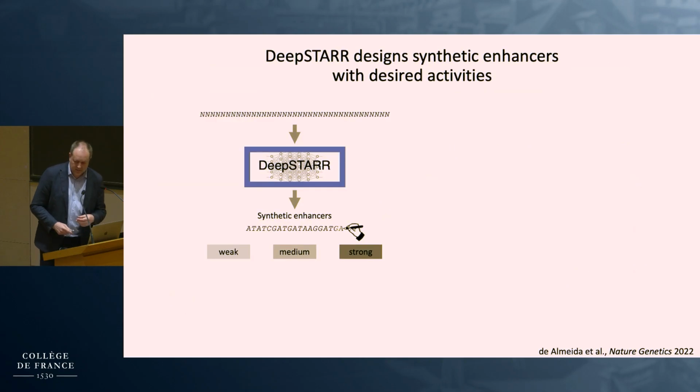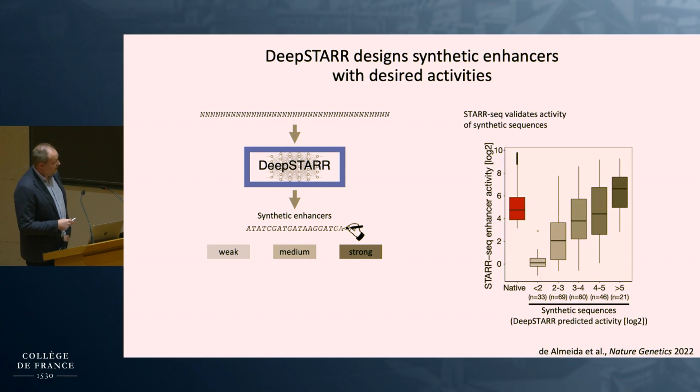And so for this, Bernardo scored random DNA sequences with his DeepSTARR model and selected unnatural sequences that don't occur in nature, that were predicted to be either weak, of medium strength, or strong. Then we synthesized them and measured their enhancer activities in S2 cells by STARR-seq.